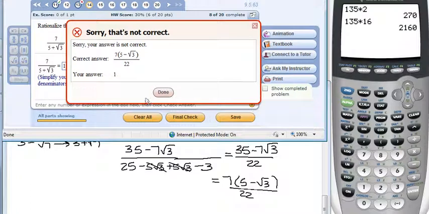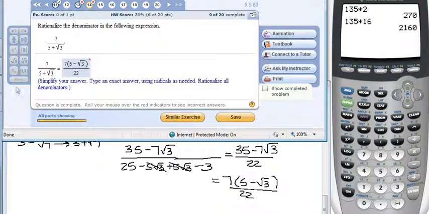So again, in a test situation, if you leave it like this and there's no directions and there's no way that you could have known that you had to factor that out and it was marked wrong, I will look into it. I'm going to look really closely at the directions here. Did it say factor out, or did it say to do this or that? If you didn't, then I can't give you credit for it.